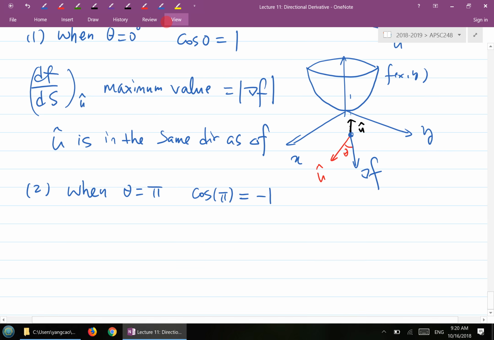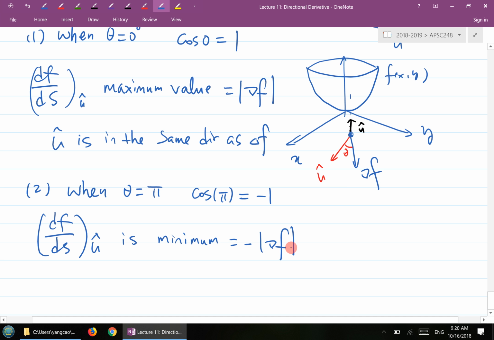In this particular case, your df over ds in that direction u hat, you get a minimum value, which is negative the magnitude of del f. So if you move in the opposite direction of the gradient vector, then you get the minimum value.